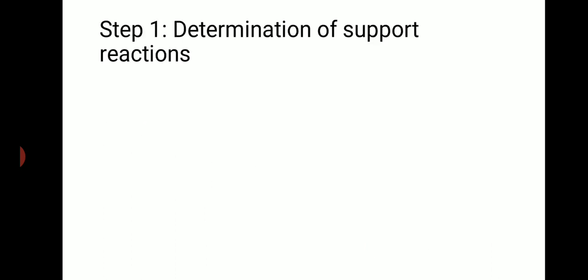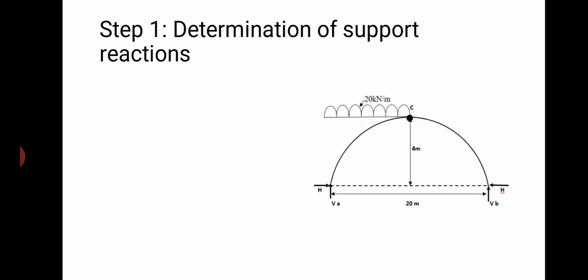So the first and foremost step is to determine the support reactions. I'm considering the sketch here. We have the two supports A and B, and they are of hinged nature. So each hinge will have two reactions, one in the vertical direction and one in the horizontal direction.